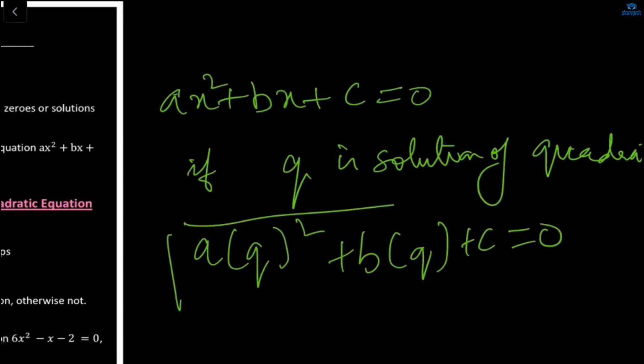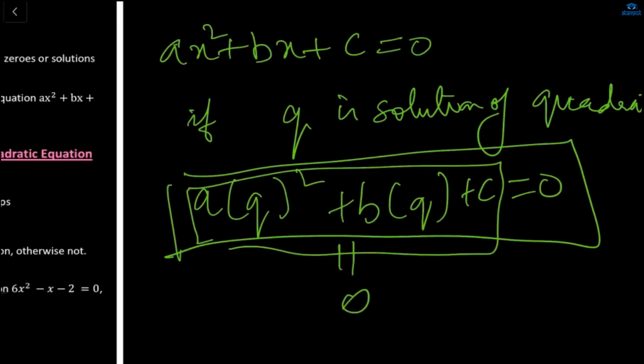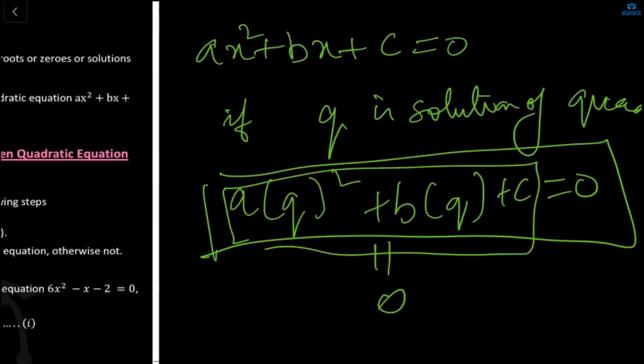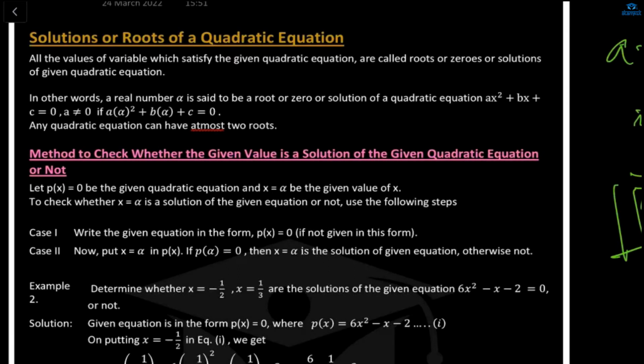If you solve it, then you are going to get 0. This LHS is also giving you 0, so then this is a solution. Understood? So what do you mean by solution of a quadratic equation? All the values of the variable which satisfy the given quadratic equation are called roots or zeros or solutions of the given quadratic equation.